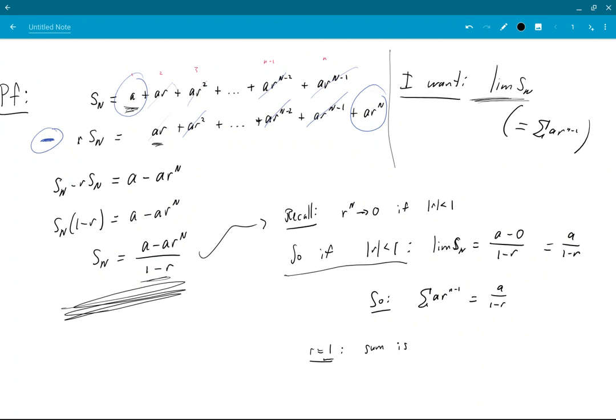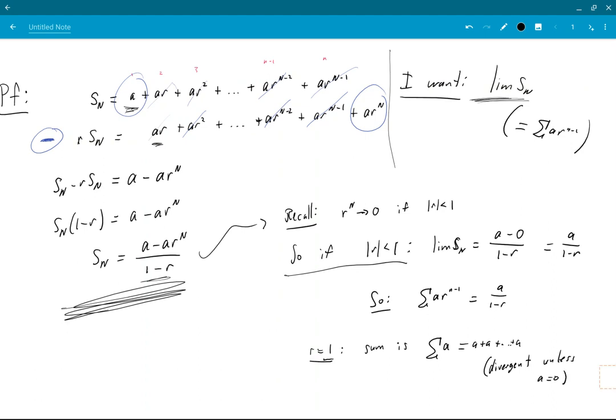More specifically, you have a sum of a plus a plus a, which is divergent unless a is equal to 0.